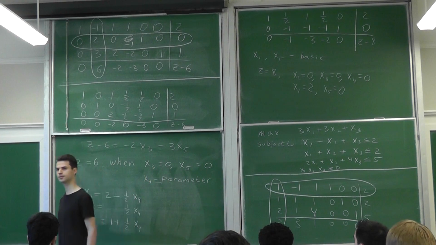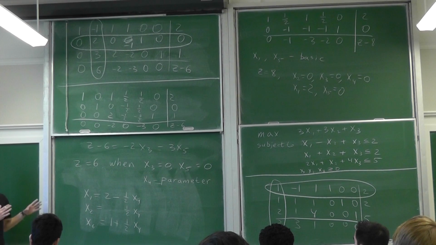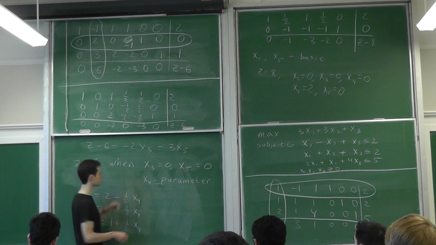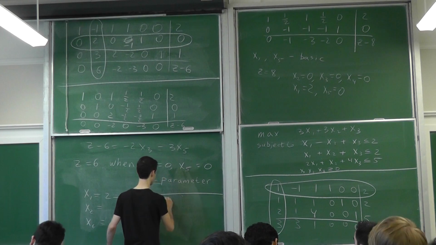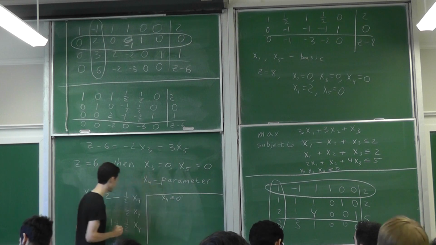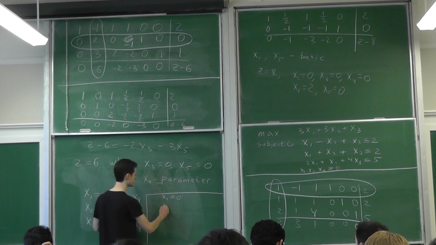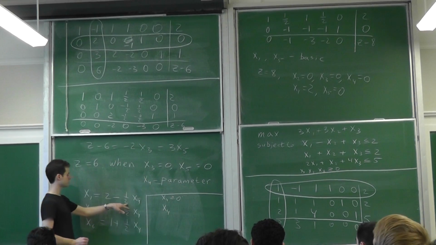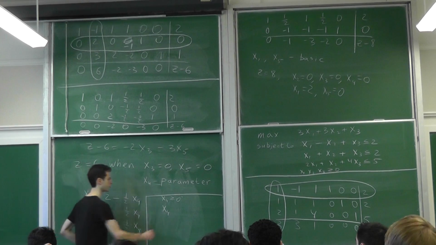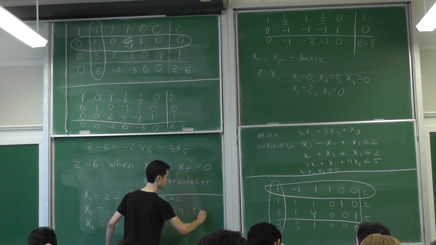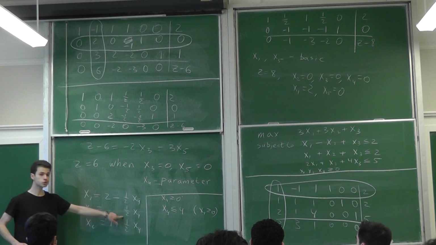x4 has to be within a range, so that x1 is not negative. Yes. So all the parameters have to be positive. So first of all, x4 should be positive. Also, x1 should be positive. So what it tells about x4 is that x4 is at most 2 divided by 1/2, 4, from x1 being positive. x2 should be positive.